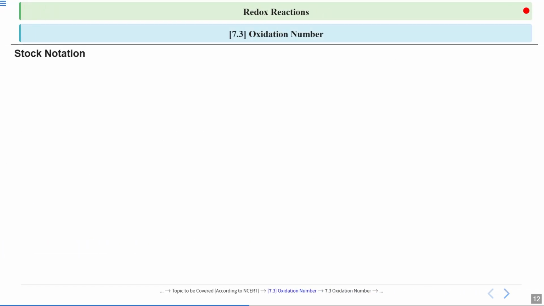Now the Stock notation. What are the Stock notations and why are we using them? And how is Stock notation helping us in writing the oxidation number? The Stock notation was developed by Alfred Stock, a German chemist.